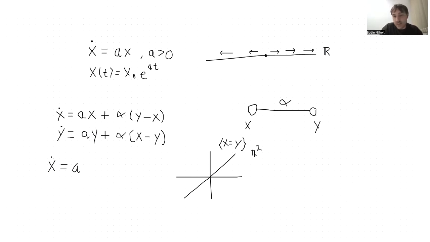So that means that this particular type of coupling changes absolutely nothing about what's going on on this invariant space. We call this, by the way, the invariant synchrony space. And it's called the synchrony space because on this space, x and y have the same value.